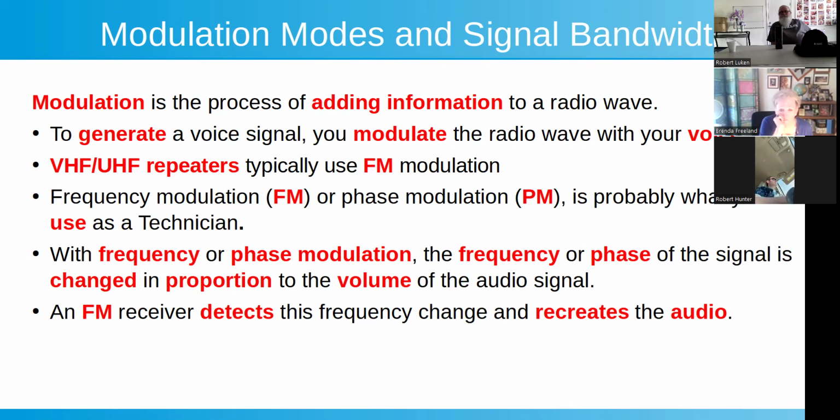So you only want to see the frequency variations. Any questions about FM modulation? It should be straightforward, just change the frequency. It's harder to do than it is to say.